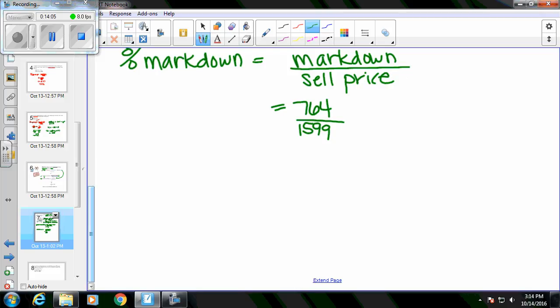I have to extend my page again. When I do that calculation, I get 0.478. If I convert that to a percent, it's 47.8%. However, they want it to the nearest whole percent. In this case, I have to round down.